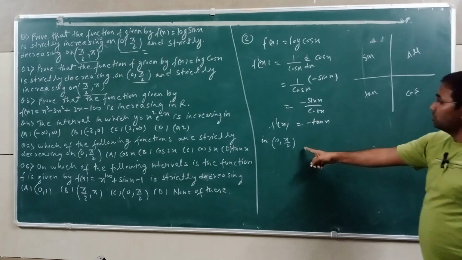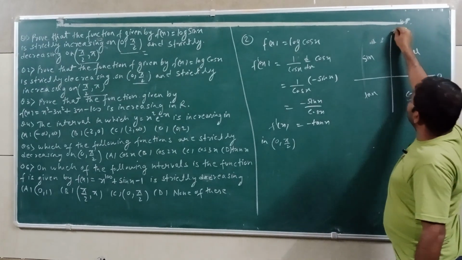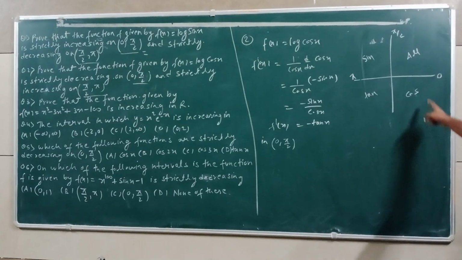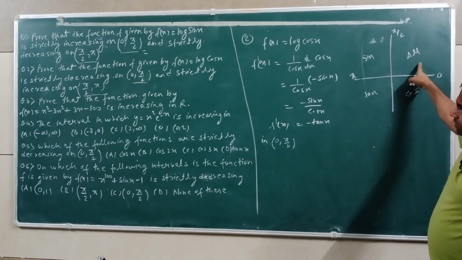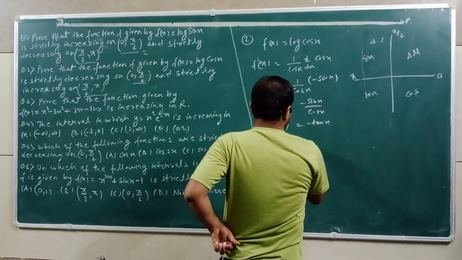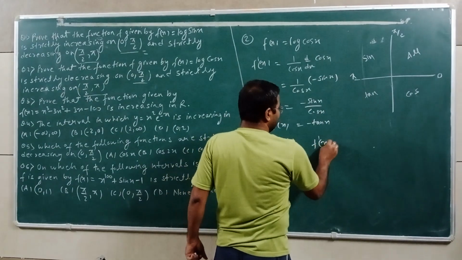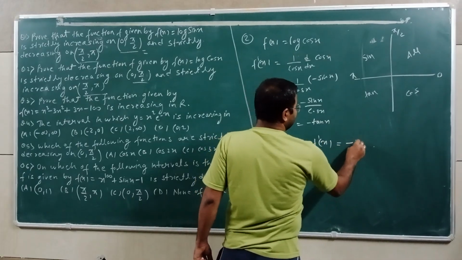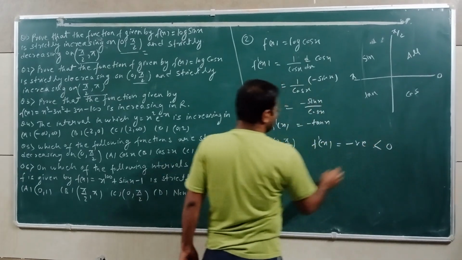This is 0, this is pi upon 2 and this is pi. Between 0 to pi upon 2 is the first quadrant, and in the first quadrant all trigonometric ratios are positive. Then f dash will be negative, that is less than 0.